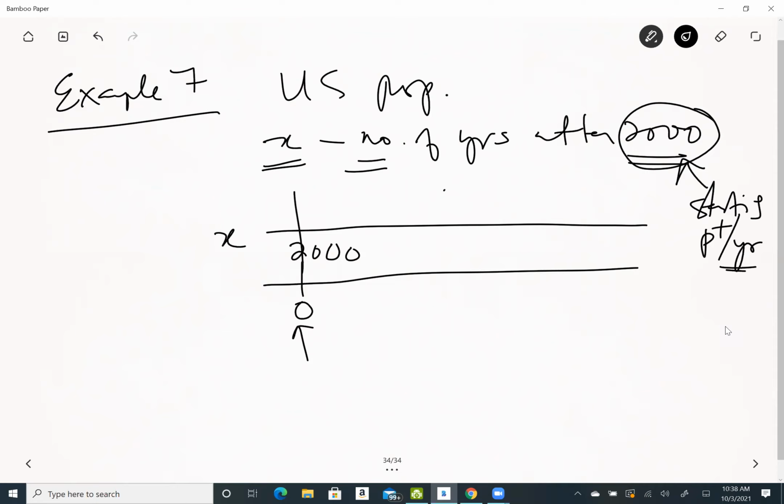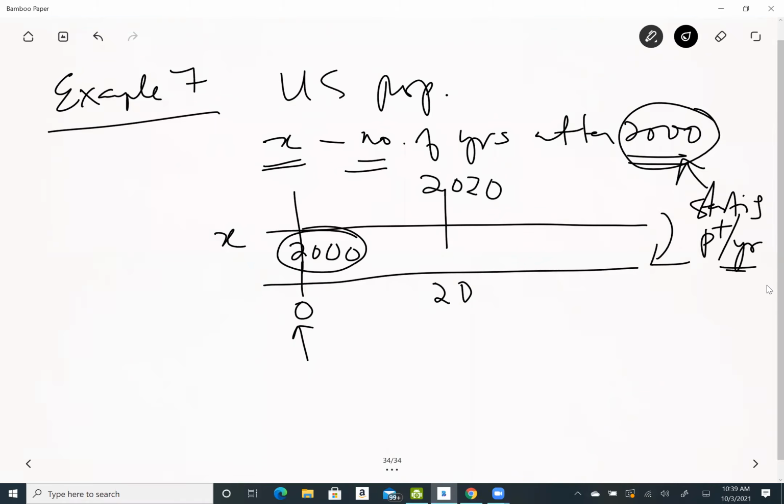So if you are talking about the population in 2020, you don't put in the value 2020. What do you put in? You put in the number of years. That means 2000 is 0, so 2020 means 20 years. So you have to do the conversion from the year to the number of years, from some reference point.